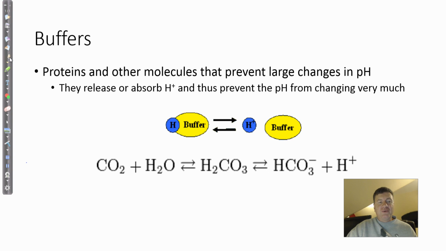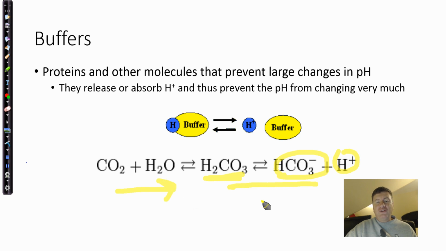Here's just an example. This is going to be one that we associate with the blood. CO2 in water forms this bicarbonate ion, rather. Here we see it's a negative, and we have the hydrogen ion, the proton. This can go back or forth depending upon the need.